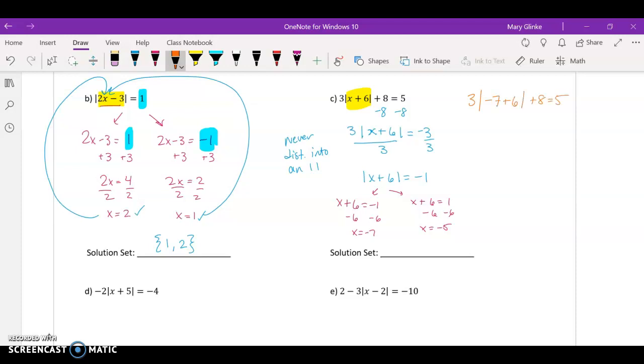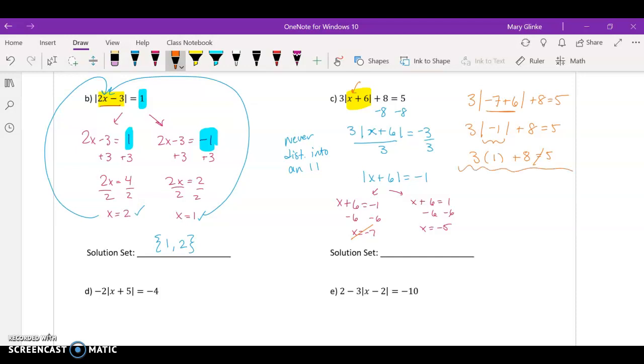So I'm plugging in -7 for x. So I do -7 plus 6, that's -1. The absolute value of -1 is a +1. And 3 times 1 plus 8 does not actually equal 5. This is one of those where this answer is supposed to work, but it doesn't.